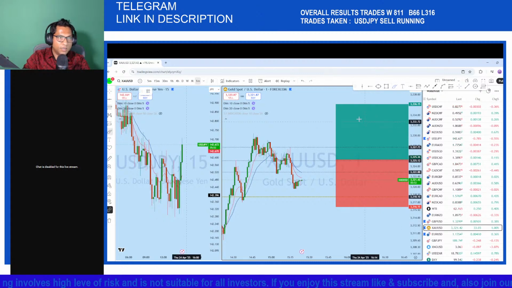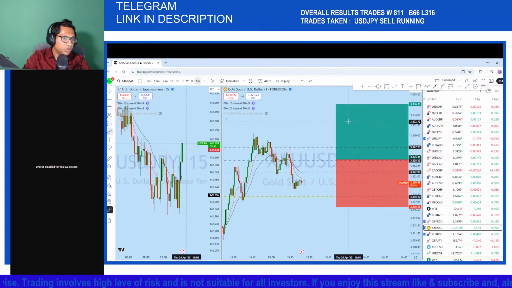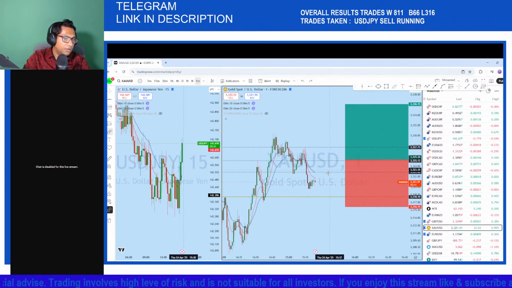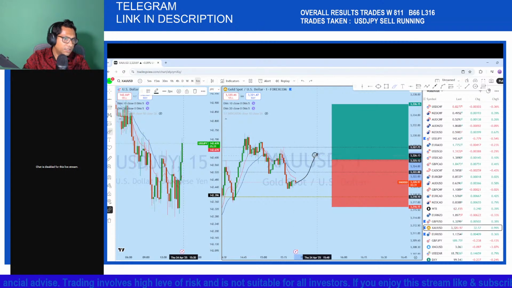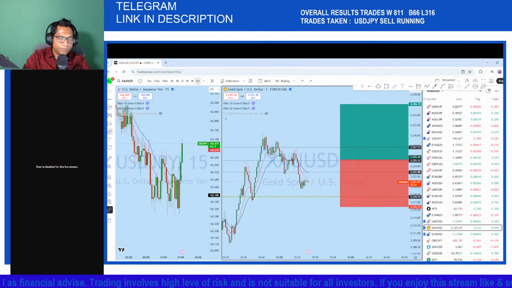So moving the TP, that means the take profit target, to this level here at entry. If the market goes up to retest, then we will be exiting the trade from that level.